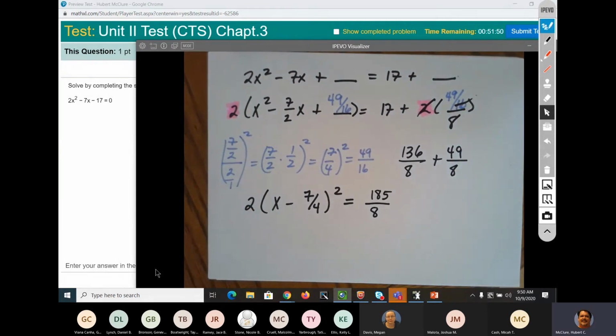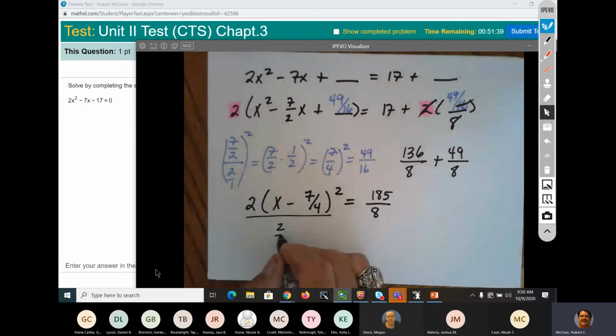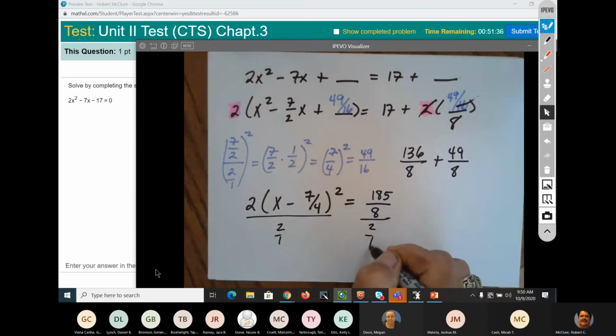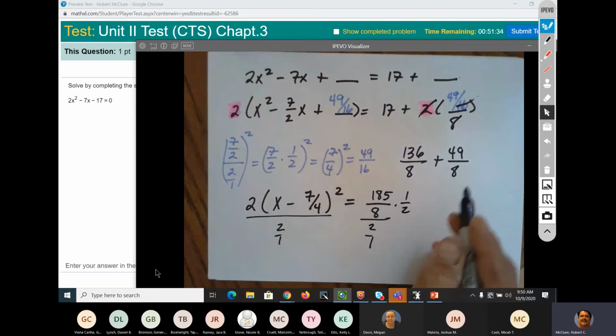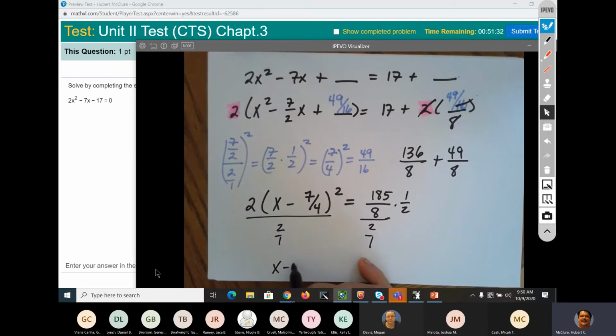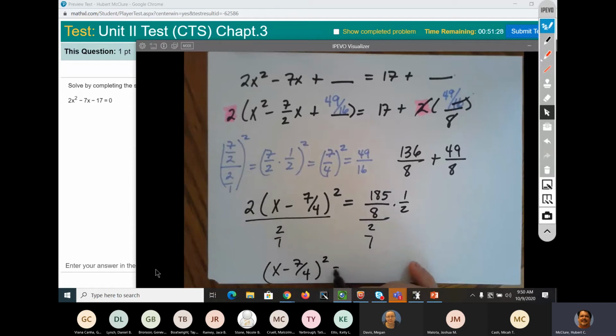That's my vertex. Vertex is 4ths, and they would say solve, so they want the x-intercepts. So divide by 2 over 1, multiply by 1/2, x minus 7/4 quantity squared is equal to 185 over 16.